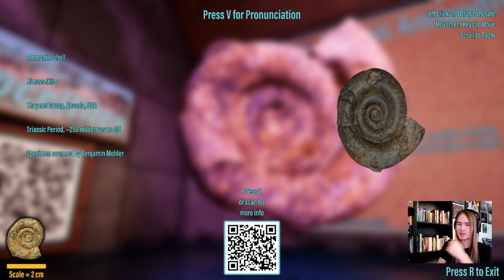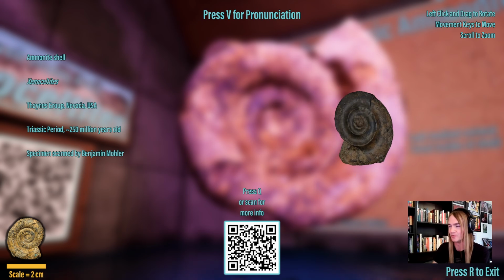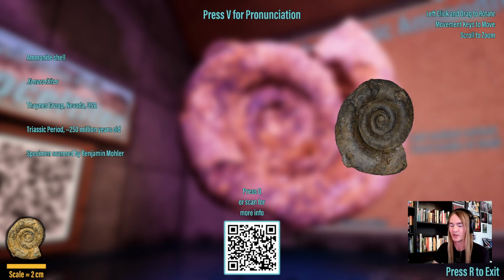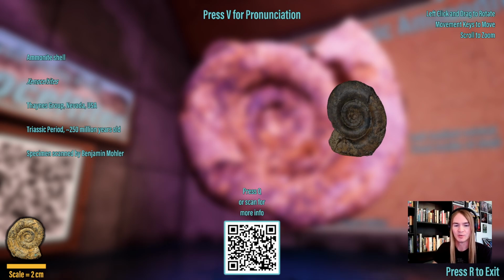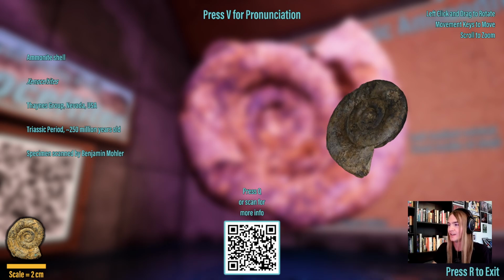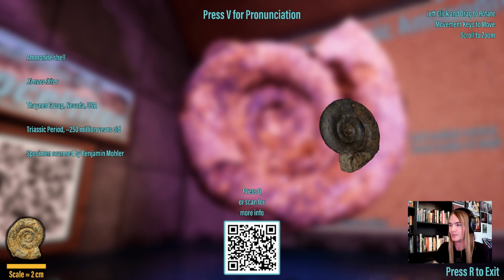And I think it's pretty cool that I was able to take a fossil that is currently living here with me in Tucson, and I was able to scan it, and now this model is available for, in theory, anybody anywhere in the world who has a Windows PC to download this and see it. If you don't, maybe you're still able to watch videos like this online to learn something about this ammonite.